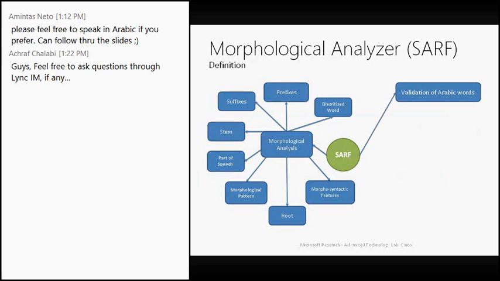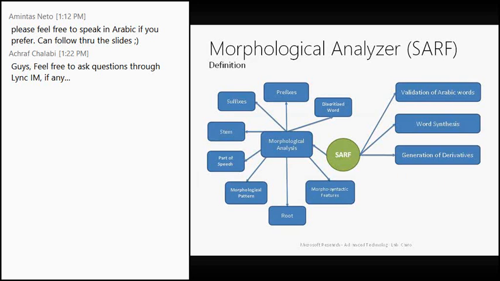So if I input a word to SARF and it is analyzed, then it is a correct Arabic word, and if it has no analysis, then it is not a valid Arabic word. We can also synthesize a word from its analysis, and we can use this to apply different prefixes and suffixes on a stem we have. Other features are generation of derivatives and inflections of a given word, and the example we'll see later will highlight these features better.